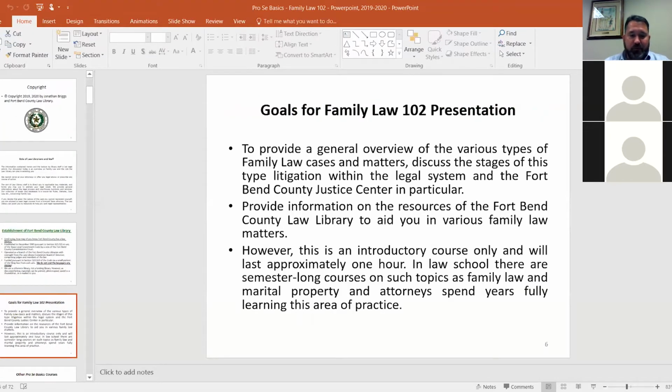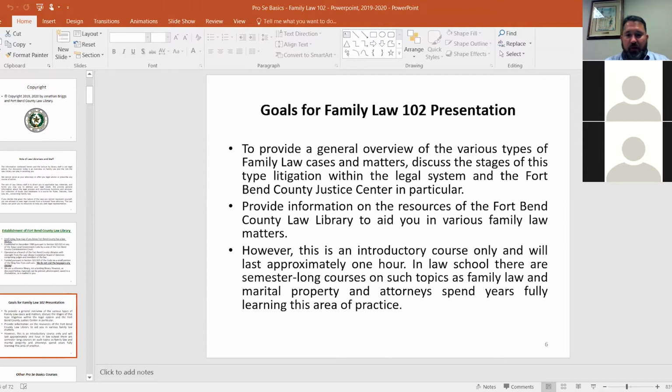Obviously we're in a weird situation, which is why we're doing these classes via Zoom instead of in person. Given what's going on with the coronavirus, we've had to transition in how we do some things. Our law library is currently partly open or partly closed, however you want to look at it. We can't admit attorneys and county staff.